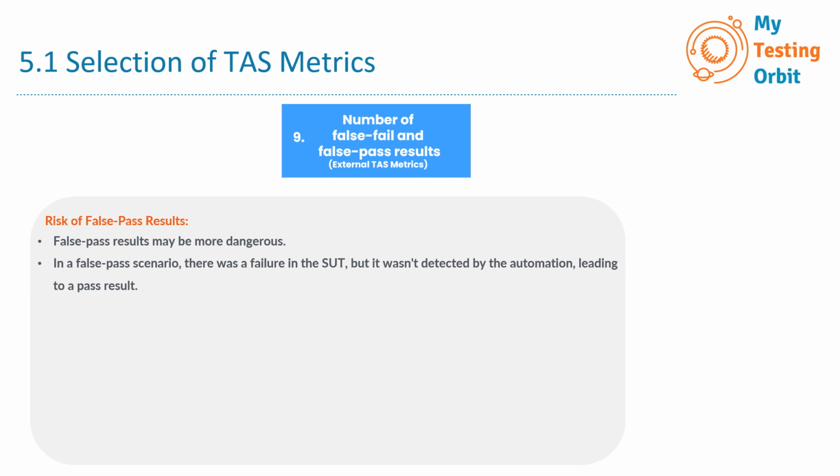Next point is, in a false pass scenario, there was a failure in the SUT, but it was not detected by the automation, leading to a pass result. So when a false pass occurs, there is a risk that you might miss a real defect in your software. It could be because the way you checked the result was not thorough enough or you used the wrong criteria.